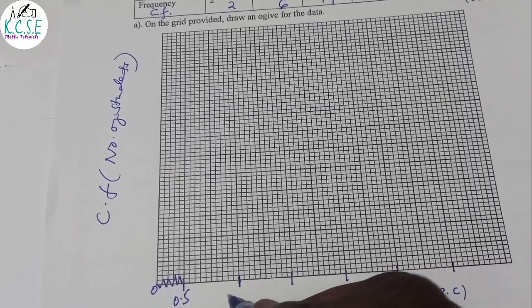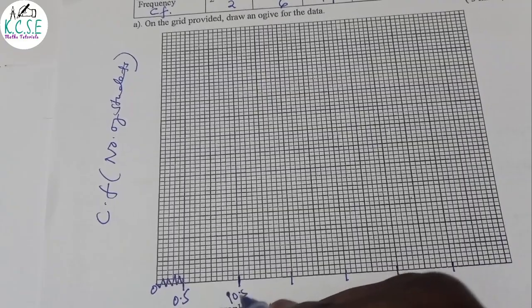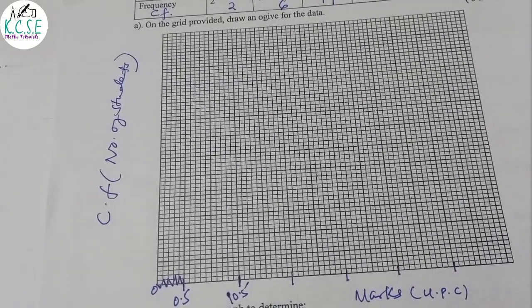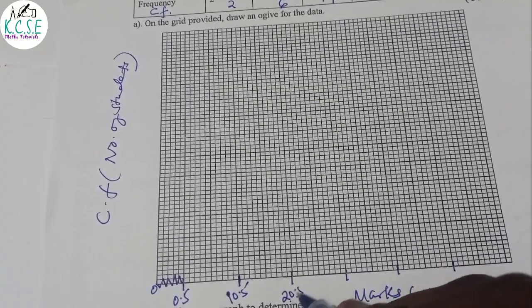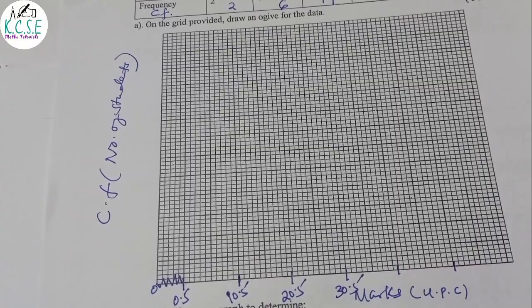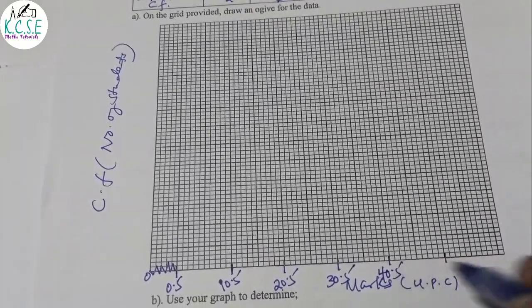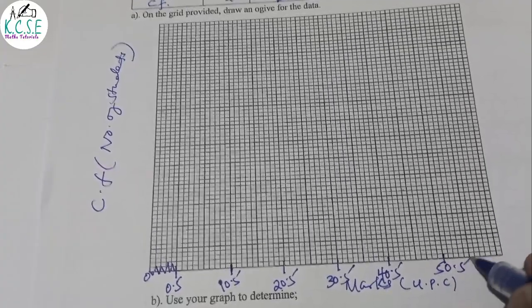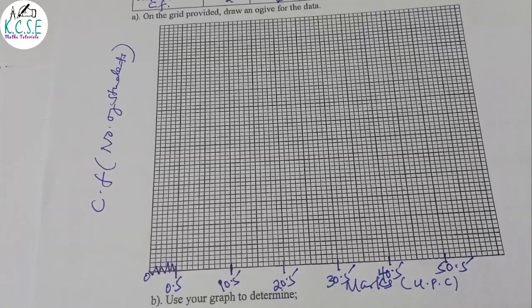Add 10, so this will be 10.5. Then you add 10, 20.5. Then this will be 30.5. And then this one will be 40.5 and 50.5. So that is the scale that we're going to use.